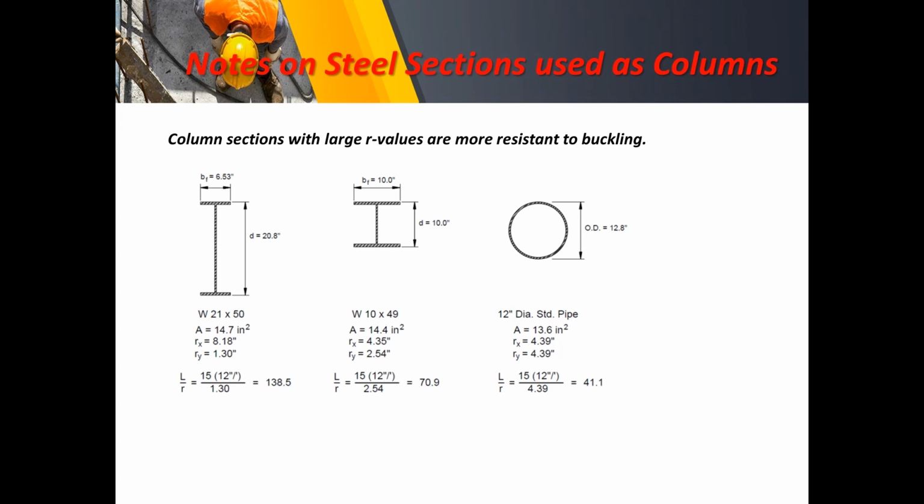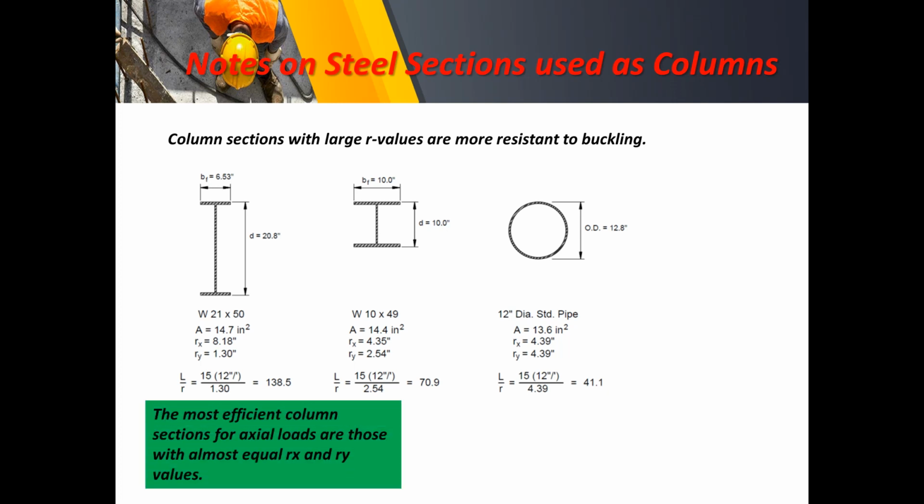So notice here that on steel tubing we have the lesser value of the slenderness ratio. The indication of that is, of course, the better, because the lesser the L over r, or the slenderness ratio, the greater the probability that it is lesser than your Cc.